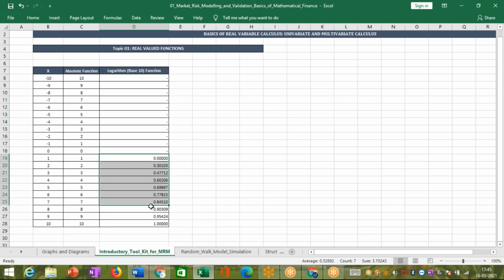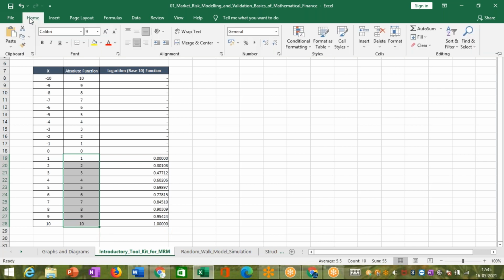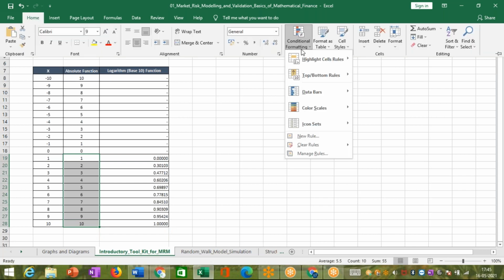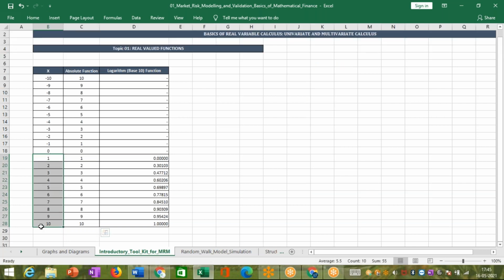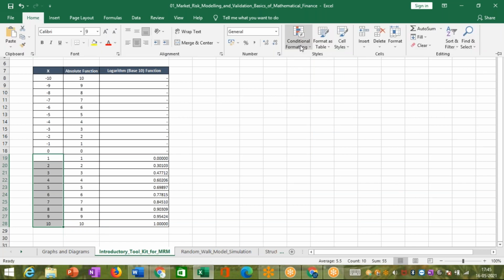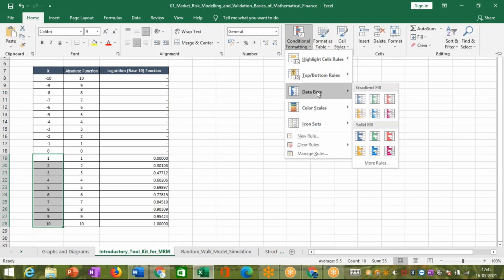So over here I see that this is how the function is. Let's just check this. I'll do a simple conditional formatting over here on this series.